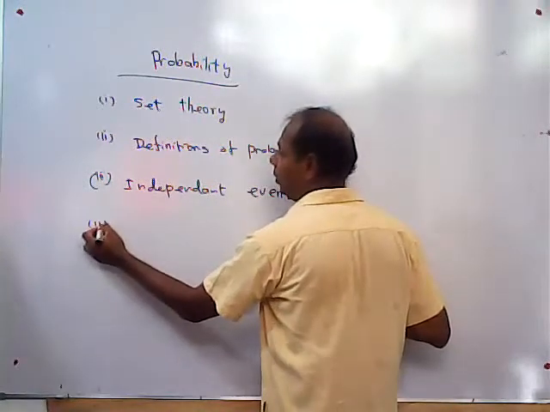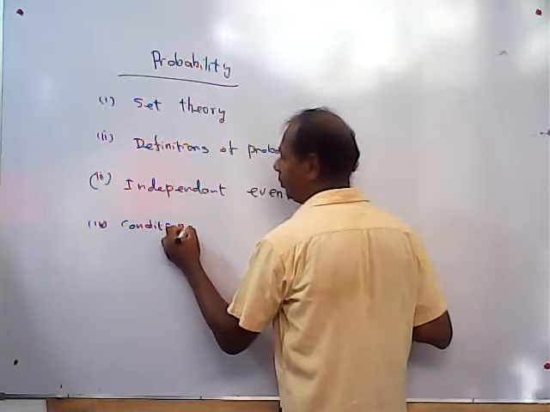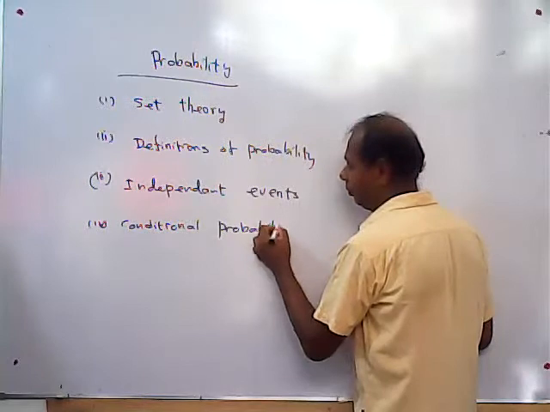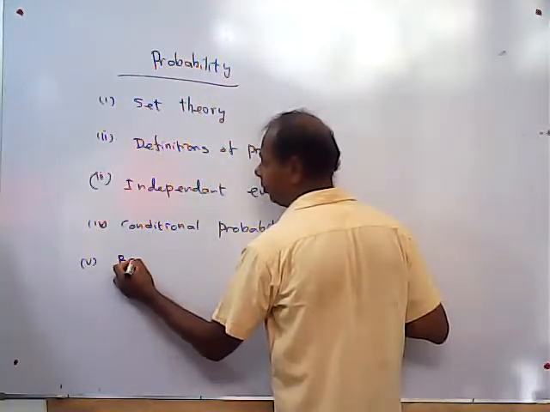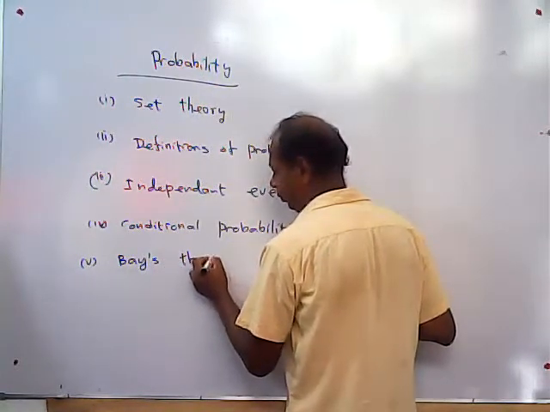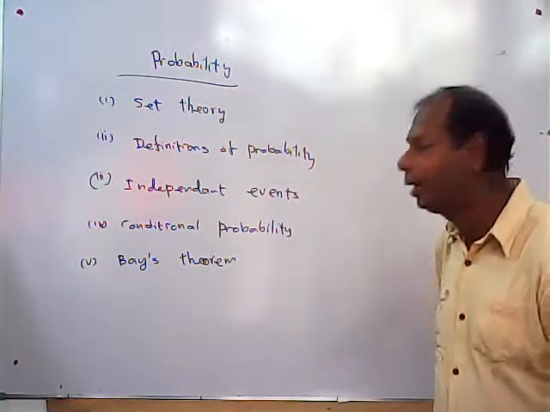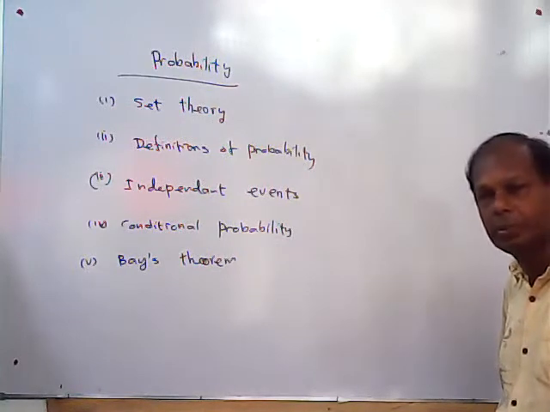Then conditional probability. And finally, Bayes theorem. So this is the plan, right? This is the plan of how we are going to discuss things in probability.